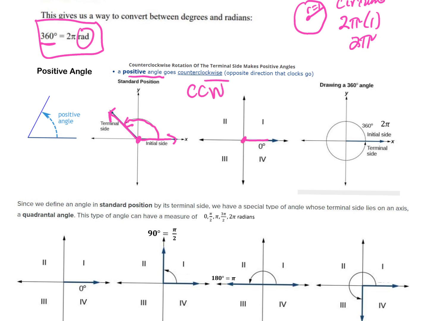We still have a 0 radians here. And then if we were to make a whole circle here on the coordinate plane, then we're going to go counterclockwise, and it's going to be 2 pi. So 360 degrees is 2 pi radians.